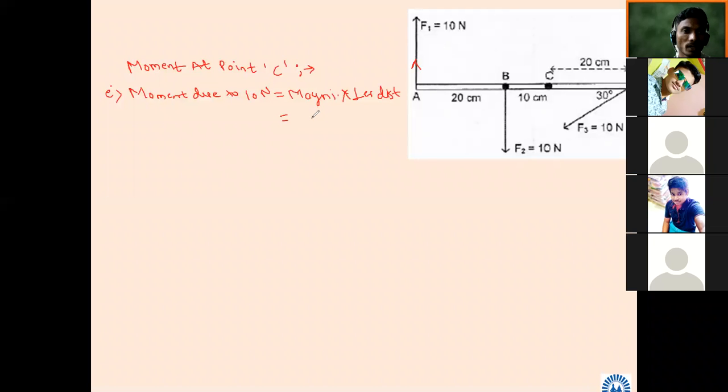Moment. So how much will it be? Magnitude 10 into the distance 30. So it will be 300, no? Newton meter or Newton centimeter?